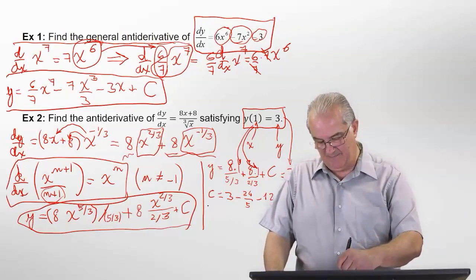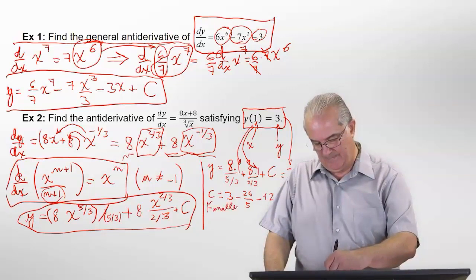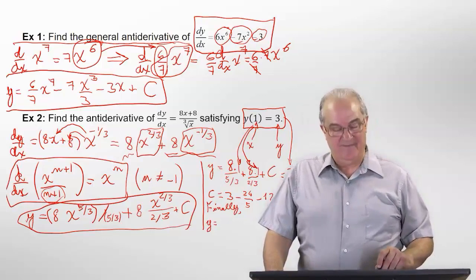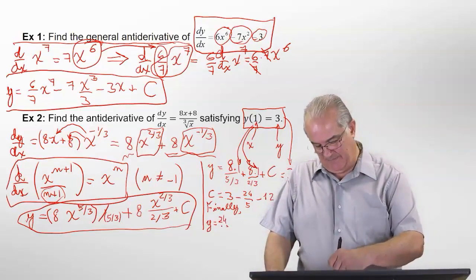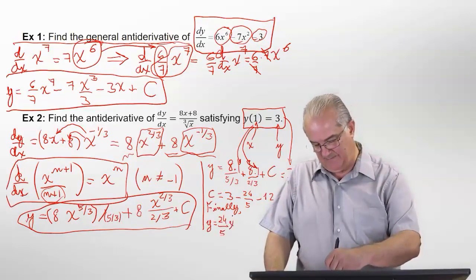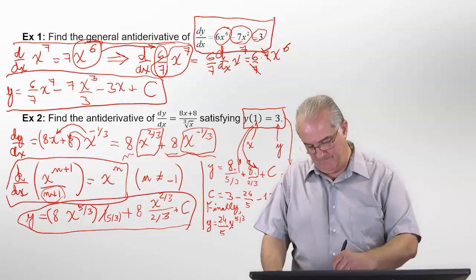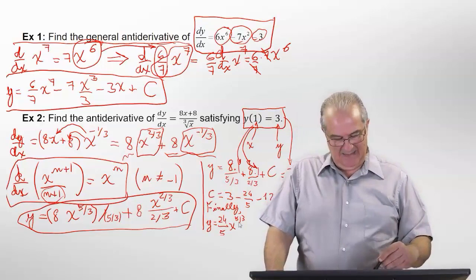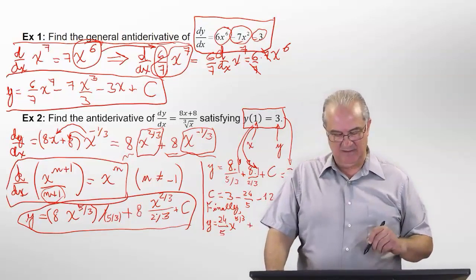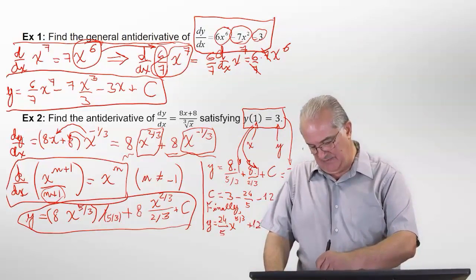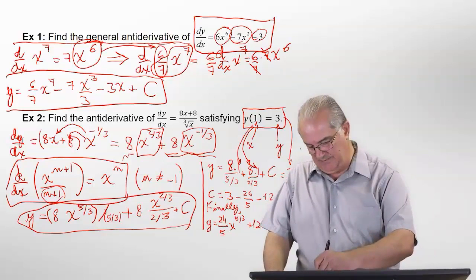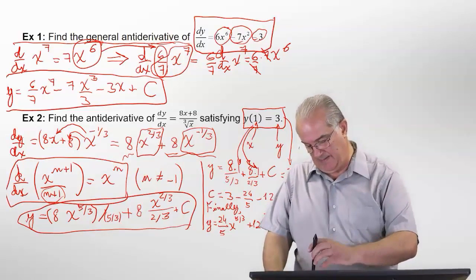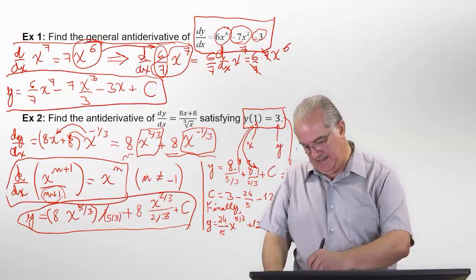So finally, we can write the solution y equals 8 divided by 5/3, we say this 24/5, of x to the power 5/3, and then plus 8 divided by 2/3, which is 12, times x to the power 2/3, plus the constant c that we just determined to be minus 69/5.